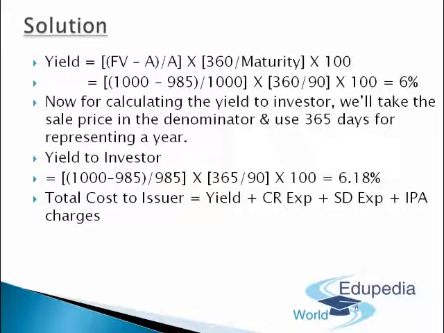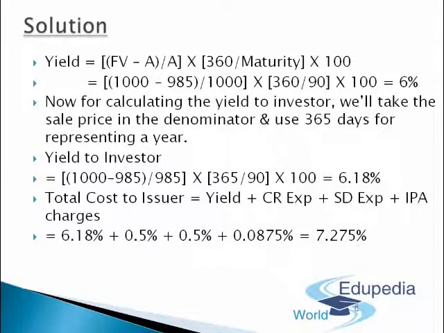So in the present case, the total cost to issuer is 6.18%, which is likely to be paid to the investor, plus there is the credit rating expenses, that is 0.5%, plus stamp duty expenses, that is 0.5%. And finally, there are some IPA charges, that is 0.0875%. So in total, the total cost to issuer is 7.275%.